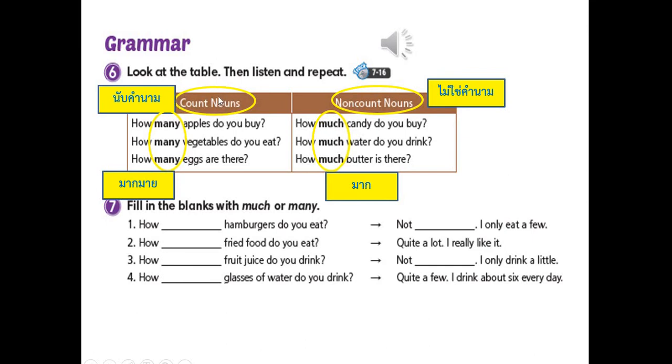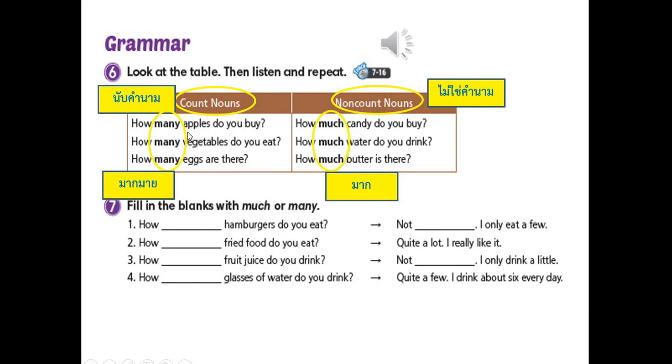Okay, so we will use many or how many if the noun or the food can be countable. And we will use how much if the food or the noun is non-countable. Alright, example for this question. How many apples do you buy?